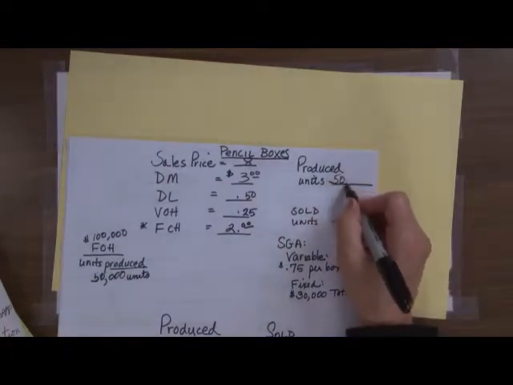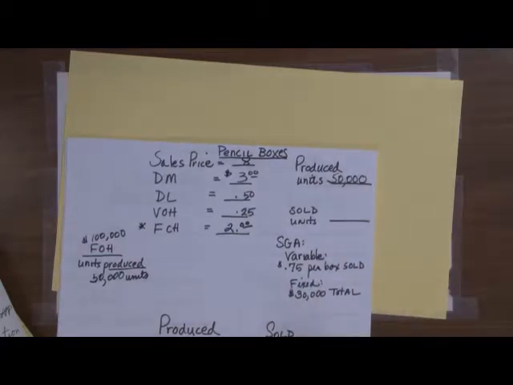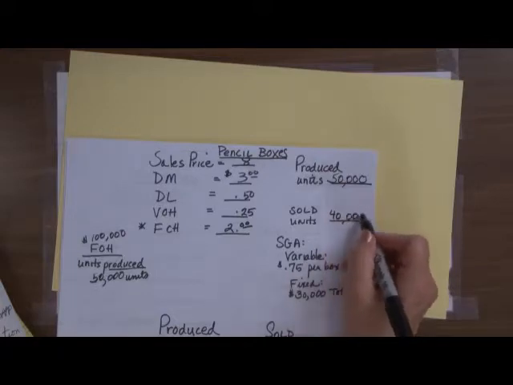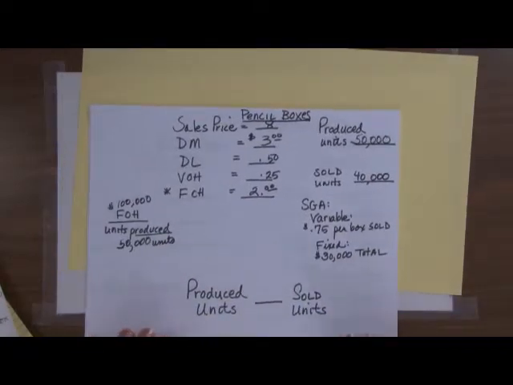We have 50,000 units that are being produced, but only 40,000 sold. Now you can see that we have a situation where produced units are greater than sold units by 10,000 units.